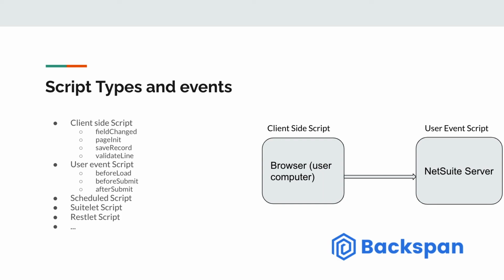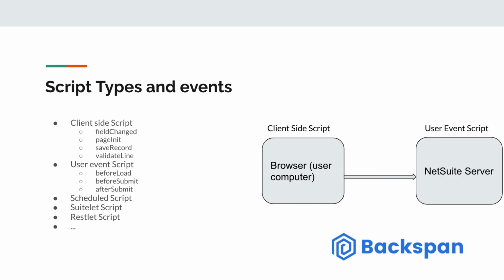After submit would happen after the information is saved in the database. So for example, let's say I save a sales order, right? If I save a sales order and it gets saved into the database, then the after submit would fire and it will be executed. So the after submit would happen after you hit the database, and after you hit the database, you can do certain logic.